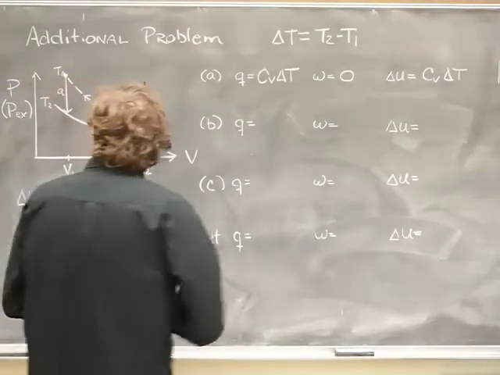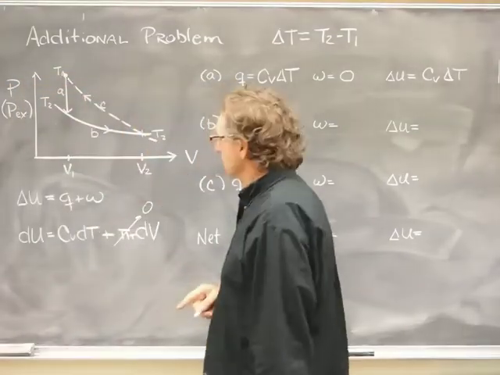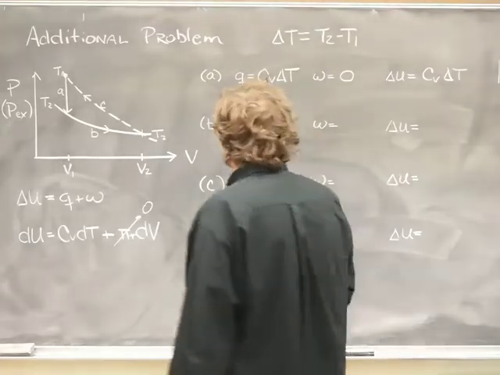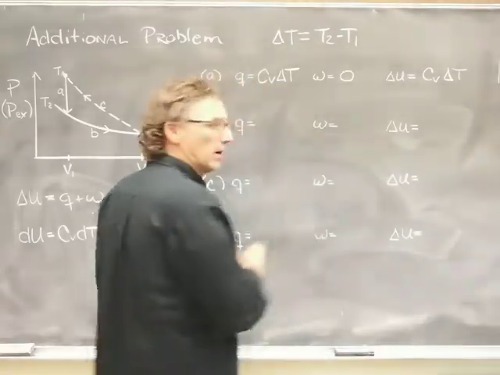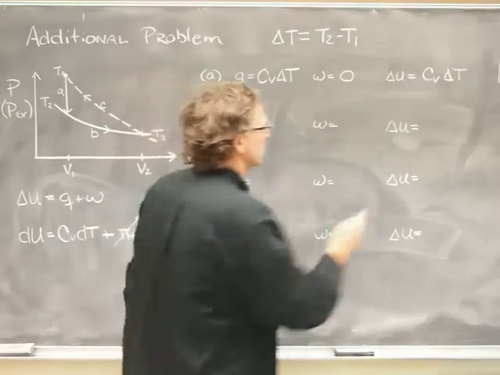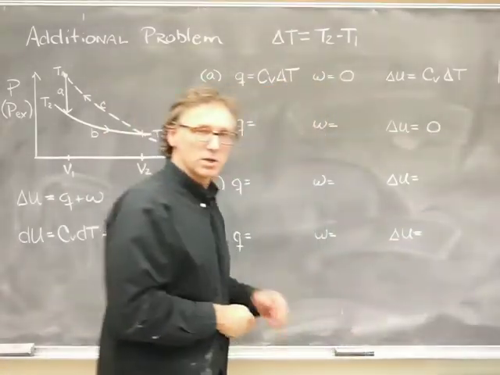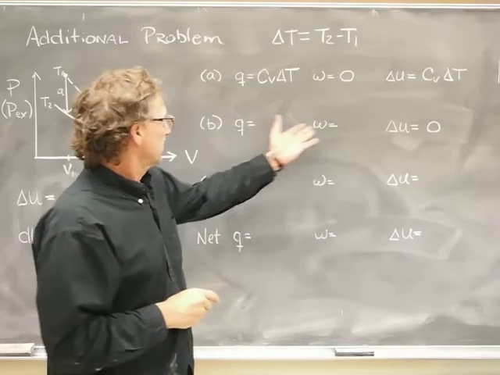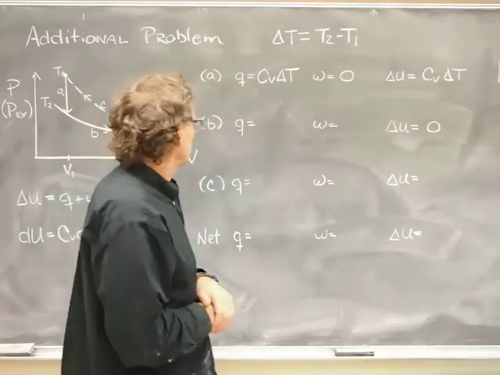Now let's think about step B. This is the isothermal expansion along the T2 isotherm. And we have a few things that we can write down right off the bat for that. Since it's isothermal, I know that there's no change in U. And I can write down either Q or W, because once I write down one, I know the other.